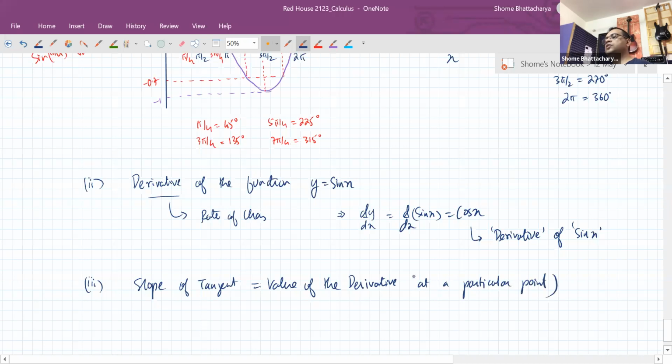So this is the meaning of the term slope of tangent, or this is how we calculate slope of tangent. For example, at x equal to pi by 6, the slope is equal to the value of the derivative at pi by 6. So it is cos pi by 6, which is root 3 by 2, which is approximately 0.85.